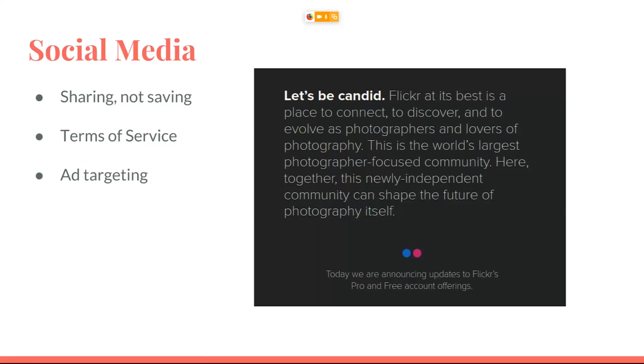So I do want to go over the story of Flickr, which I don't know if anyone has noticed this past month. Flickr has been an interesting case for the past few years, because it was somewhere between a social media platform and a cloud storage service. It was designed around sharing and community of photos, but it was very photographer and user focused.